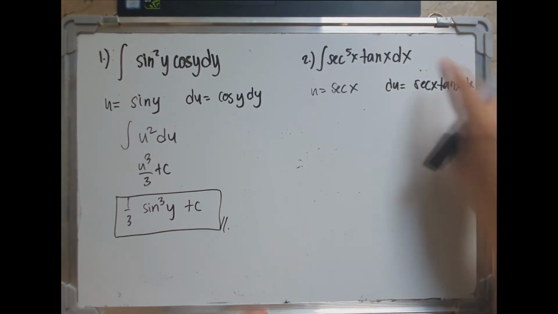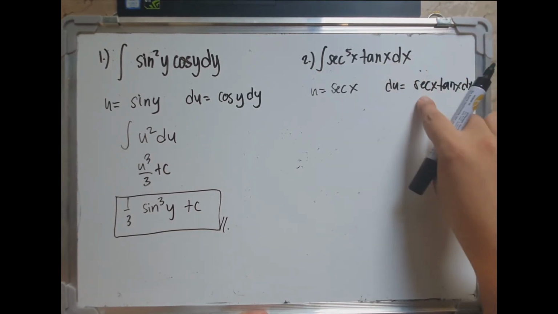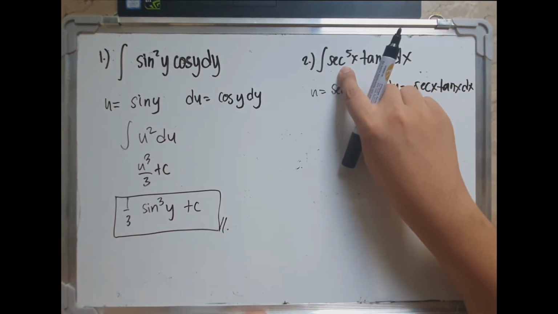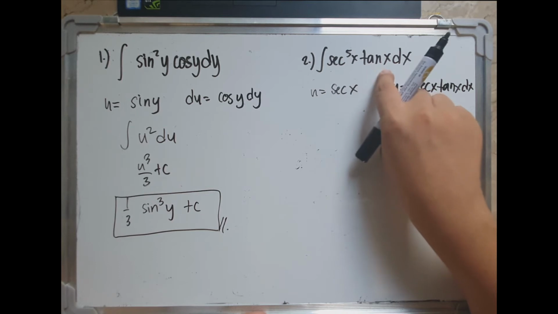So we already have dx, we already have tangent. For the secant, we have 5 secants here, so we will be needing 1 secant for the du.